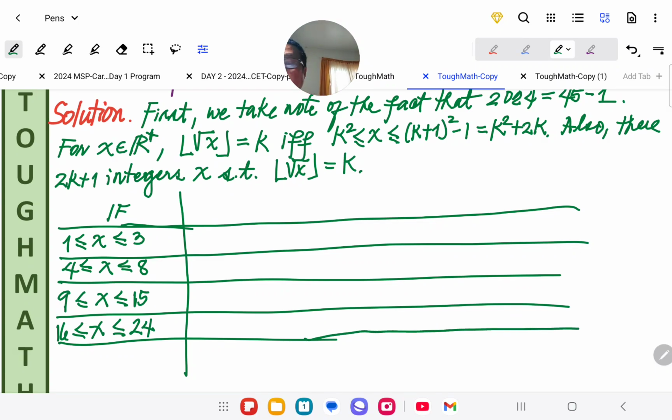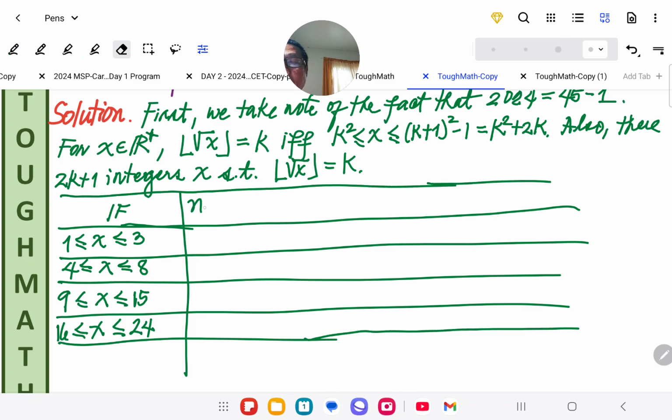Okay. Then the next column of this table is, let's call it k, and it is equal to the greatest integer value of the square root of x.